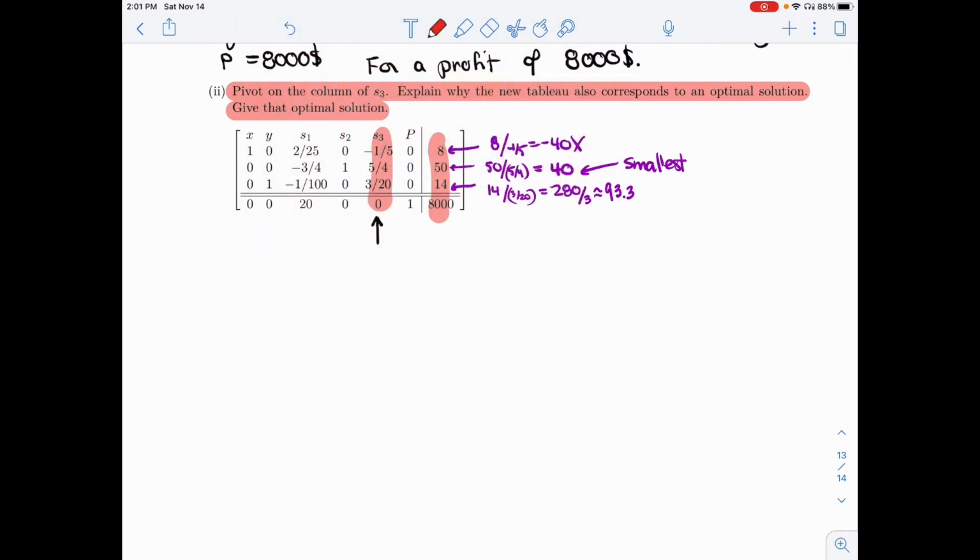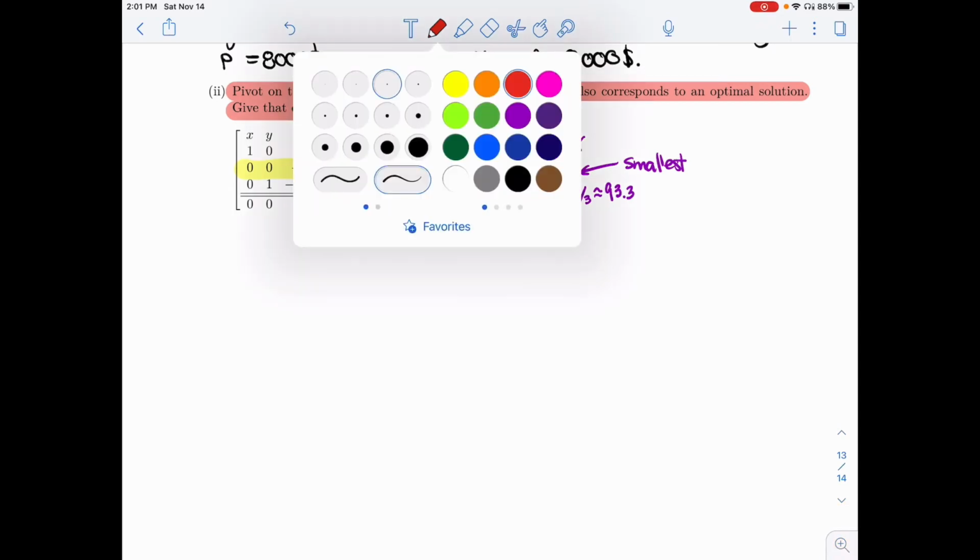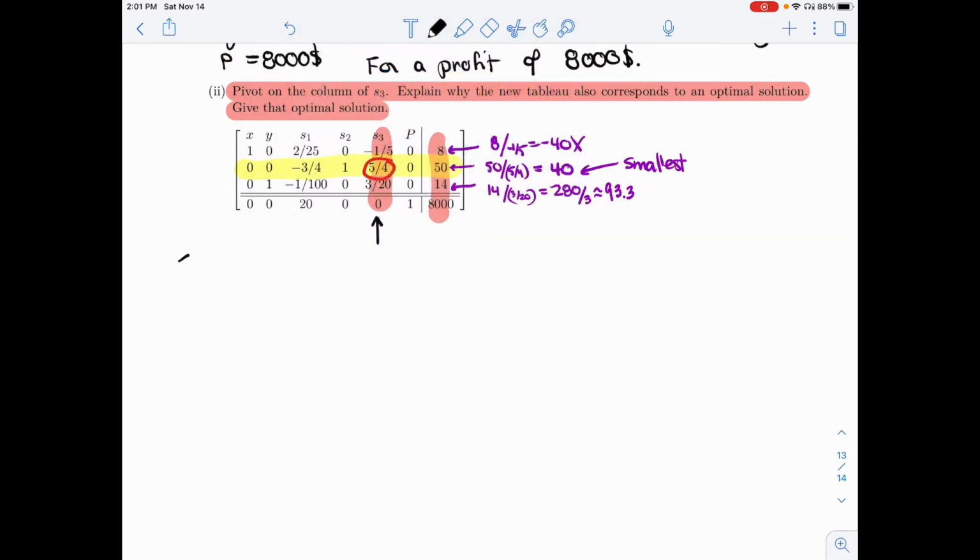All right, so we're pivoting on the S3 column and on this entry, and that means our pivot is this 5/4 right here. So I'm going to start by dividing R2 by 5/4. Nothing else will change, so all of these rows are fine. 0, 0.